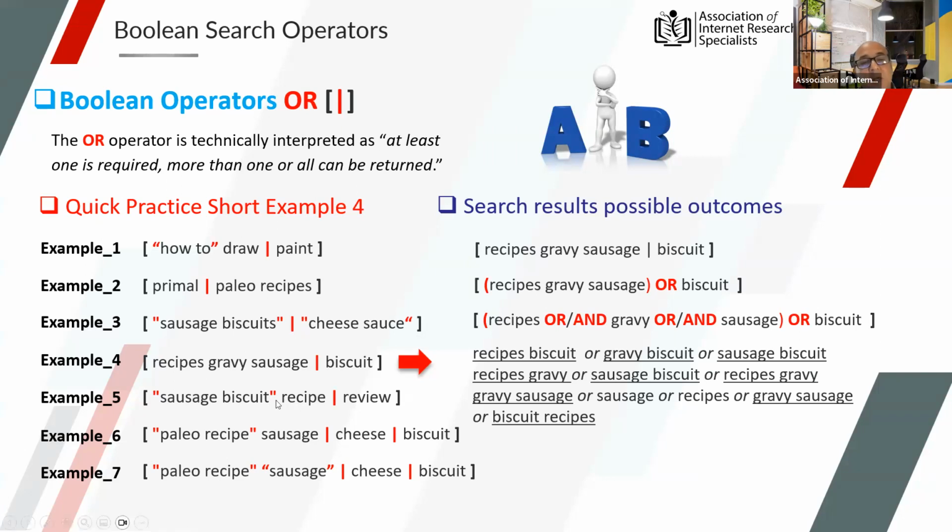And the word sausage biscuit will invariably appear, whereas the word recipe and review will attach to the word sausage biscuit, and would act as a choice that eventually gets connected to sausage biscuit. But sausage biscuit will not remain a choice, but remain an anchor text or a text that will remain intact in the results as a primary search phrase, because it is inside of the quotation marks.